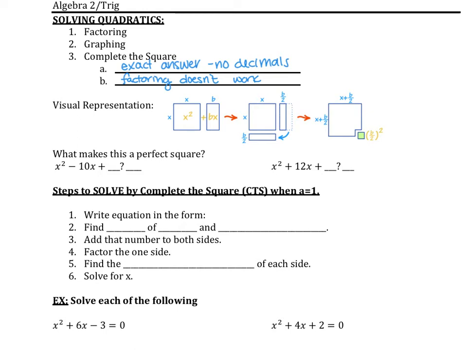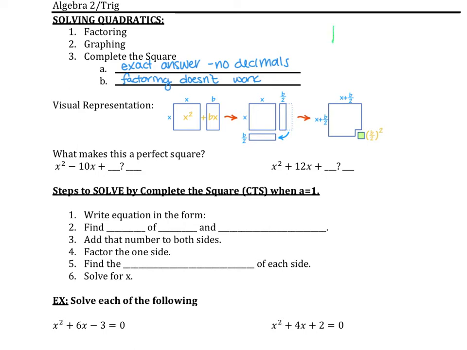Okay, so the reason it's called completing the square is because you are actually completing a picture of a square. So if you remember algebra tiles, and probably not all of you have used algebra tiles, but in algebra tiles, there are three types of tiles, okay? I'm going to draw them to the side.